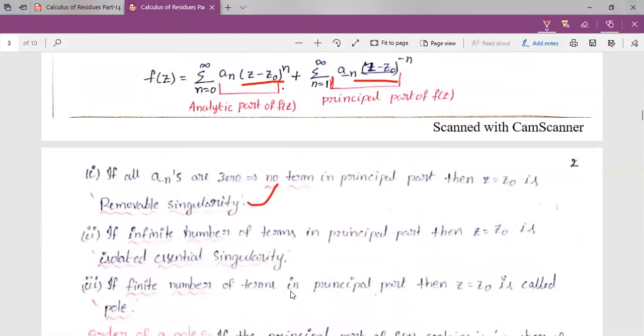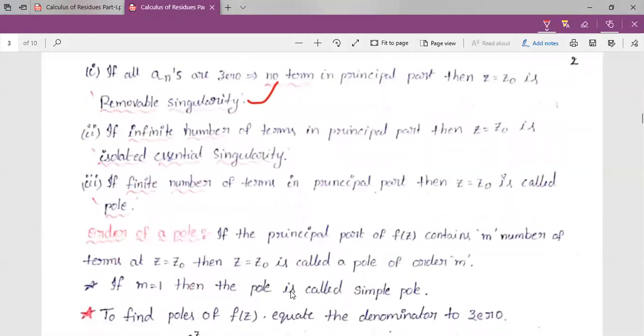And the next point, if there are an infinite number of terms in the principal part, then z equal to z naught is called an essential singularity or isolated essential singularity.